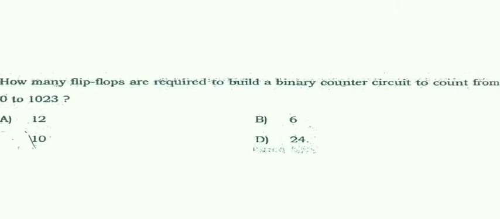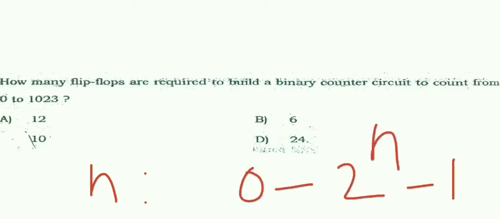Next one, how many flip-flops are required to build a binary counter to count from 0 to 1023? We know that whenever we are having n flip-flops, we can count from 0 to 2 power n minus 1. So I want to count from 0 to 1023. So 1023 means totally 1024 states.